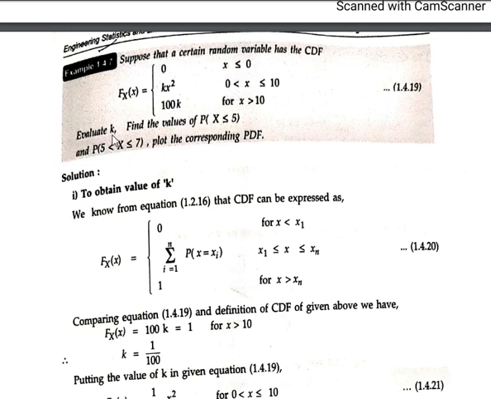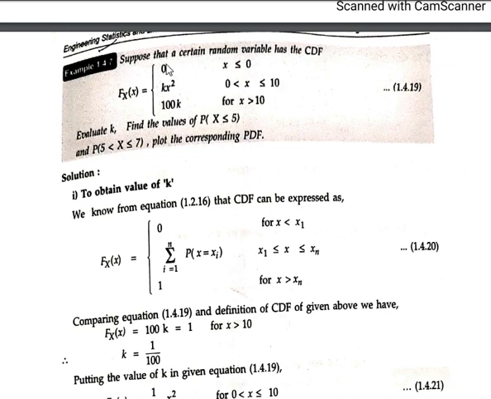Evaluate k first. Then find the values of P of x less than or equal to 5, and P when x is between 5 and 7. So to find this, what should be done?